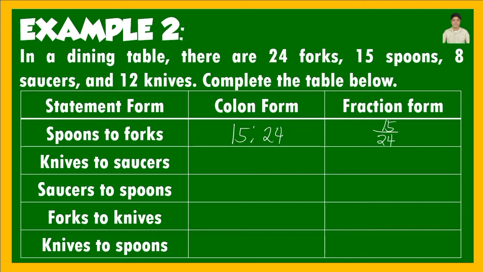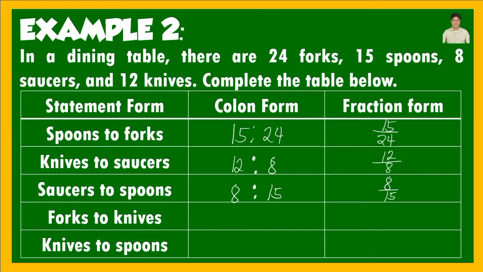Knives to saucers. So, knives, we have 12. And then, saucers, we have 8. So, 12 is to 8. And then, in fraction form, 12 over 8. Saucers to spoons. So, 8 is to 15. And then 8 over 15.